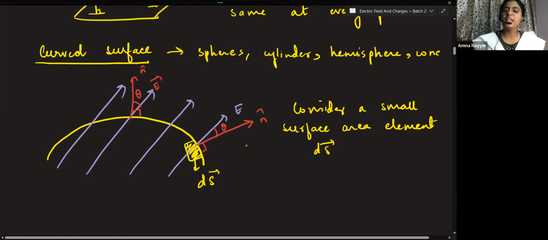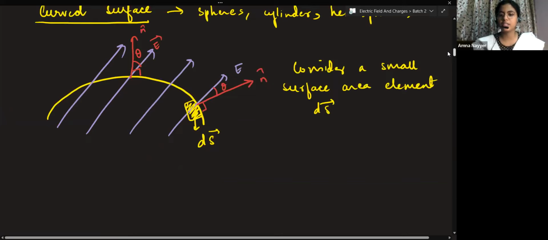So if you have variable electric fields with you, or you have a curved surface with you, then your formula will be the same. d phi will be now, instead of phi, you will have a small segment, because we have considered a very small segment ds. So electric flux d phi will be equal to electric field dot ds.